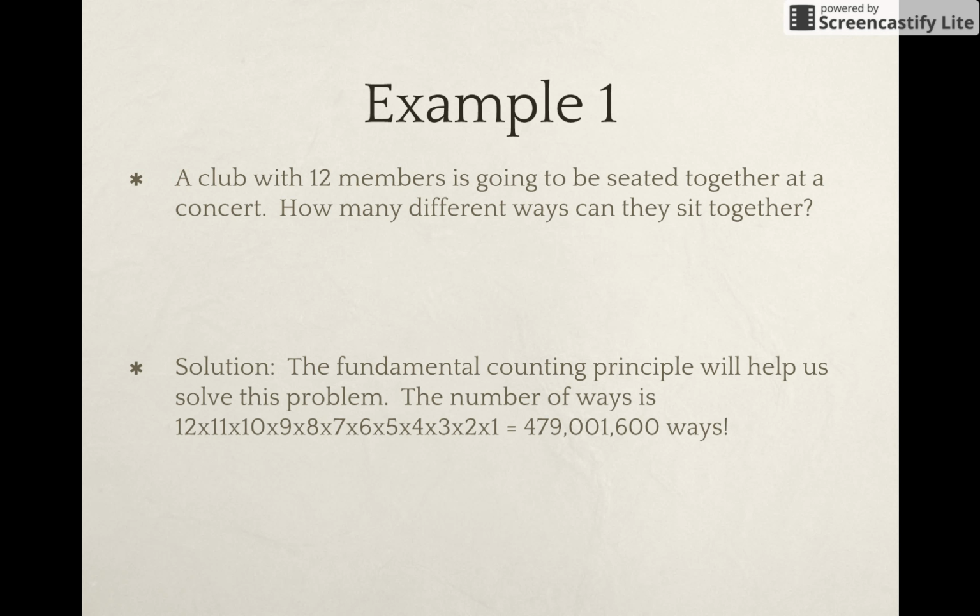The first seat could be occupied by any of the 12 members, but once that seat is filled, then for the next seat there's only 11 choices, and 10 choices for the 3rd seat, and so on. And so the fundamental counting principle would have us do 12 times 11, and so on, all the way down to 1. That results in 479,001,600 ways. It's quite a few.